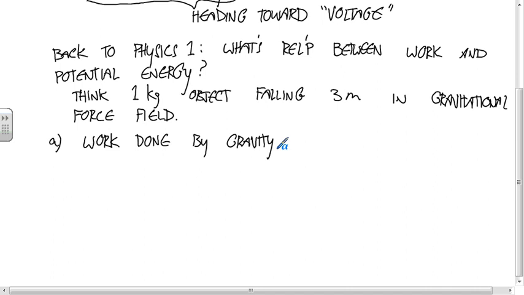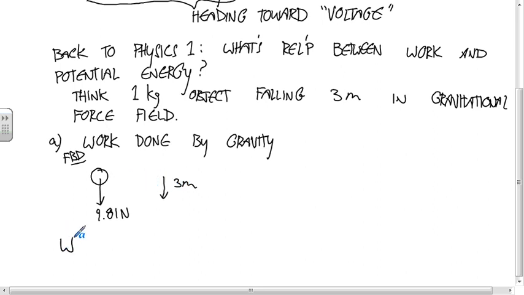Yep, exactly. If you think of the free body diagram, we have a force down of 9.81 newtons. The displacement is 3 meters. These are in the same direction, so we're just going to multiply these two.